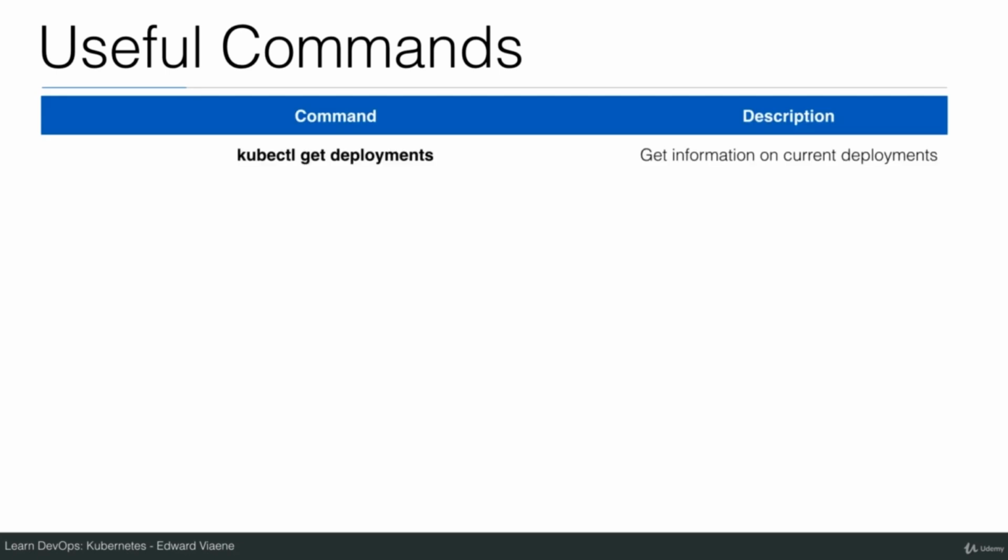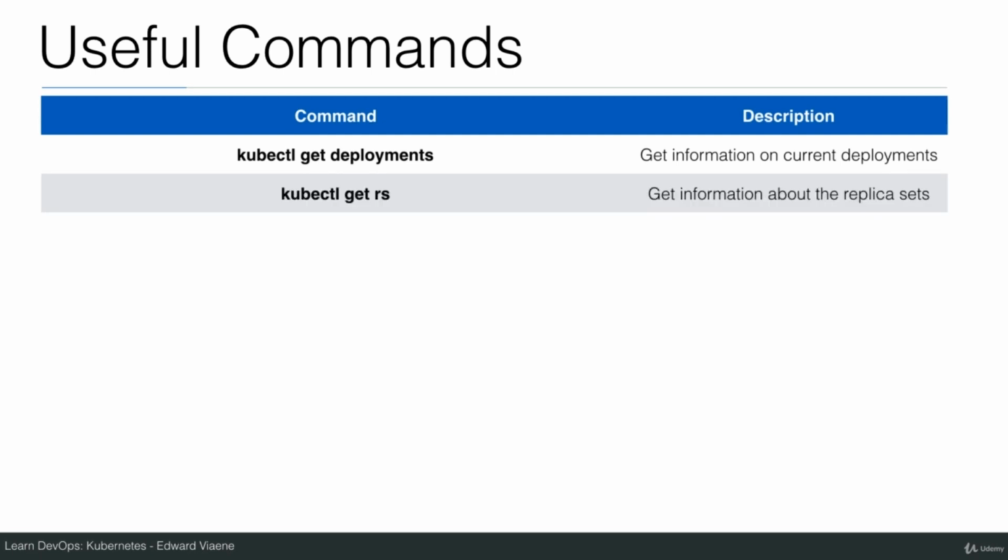To get information on the current deployments, you can use kubectl get deployments. Because deployments are using replica sets, you can use kubectl get rs, where rs stands for replica set, to get the information about the replica sets. kubectl get pods with --show-labels can show you the pods that are running. You can use pods or just pod, and that will show you the pods that are running, including the labels.